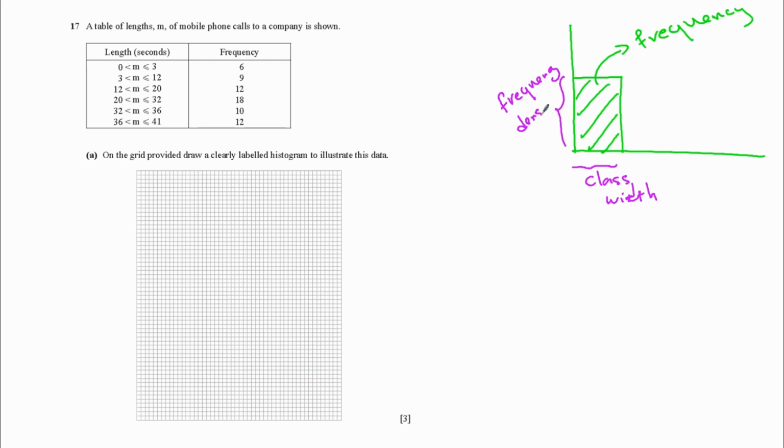So we know that frequency density times class width equals frequency, or we can say that frequency density equals frequency divided by class width.